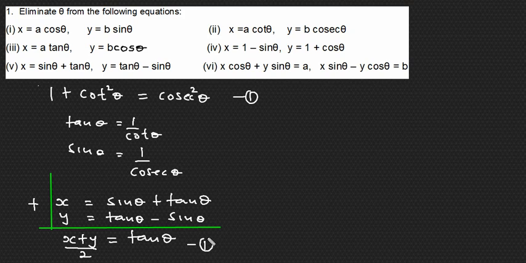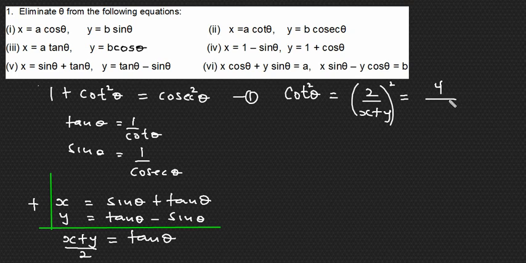So I call this one my equation. Before I label it, because I'm interested in cot, to use this identity, the cot theta will be 2 over x plus y, and the cot squared is going to be this squared, which is going to be 4 over x plus y squared. So I call that one 2.